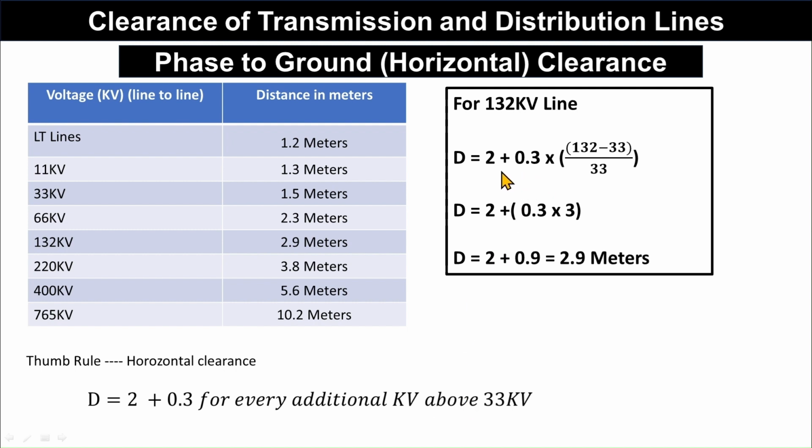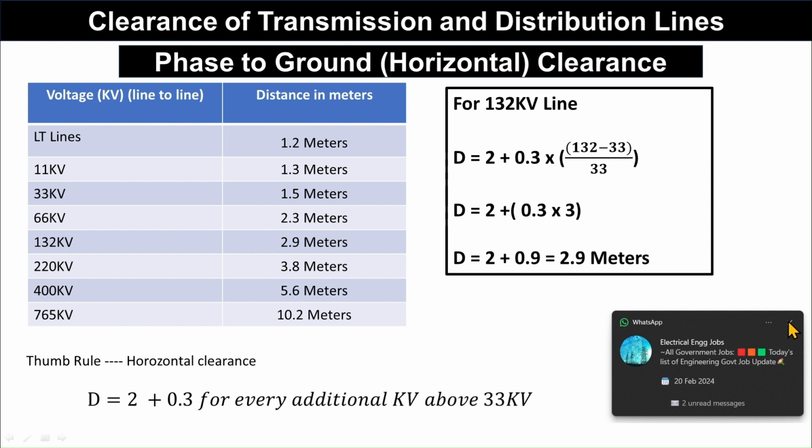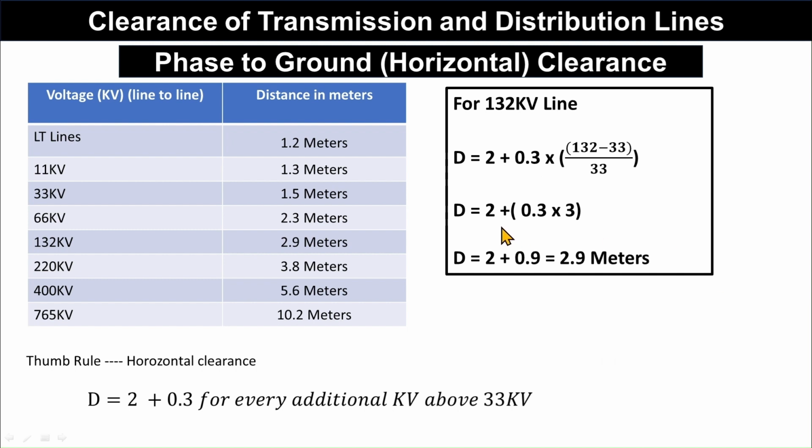So we can write 2 plus 0.3 into (132 minus 33)/33. D equals 2 plus 0.3 into 3, that is D is equal to 2 plus 0.9, that is 2.9 meters. The same is mentioned here for 132 kV, the phase to ground horizontal clearance is 2.9 meters.